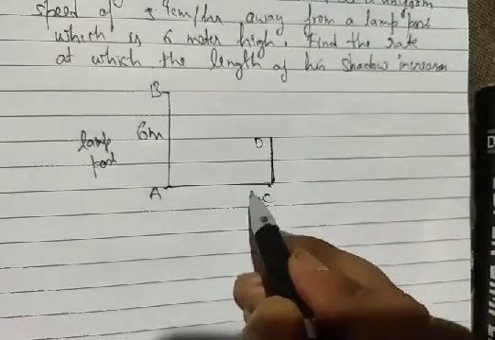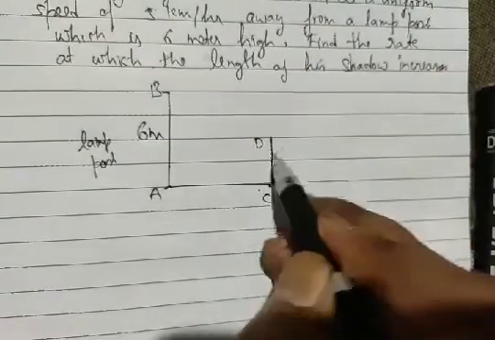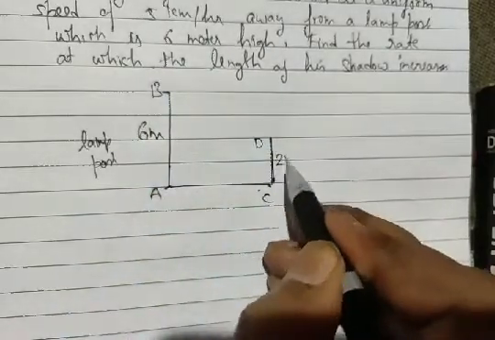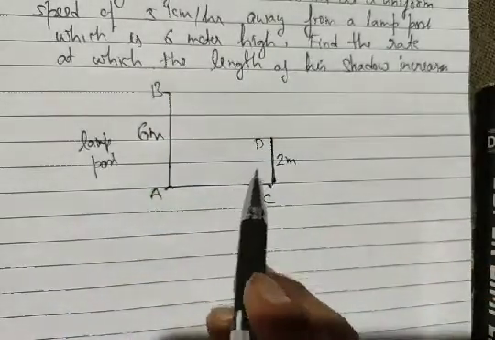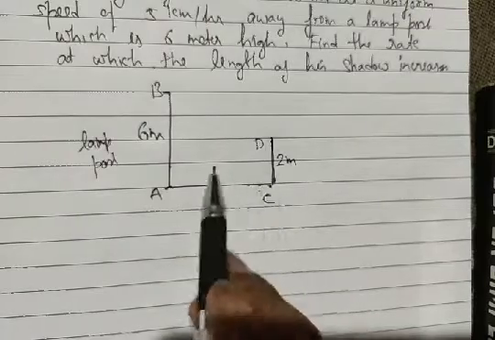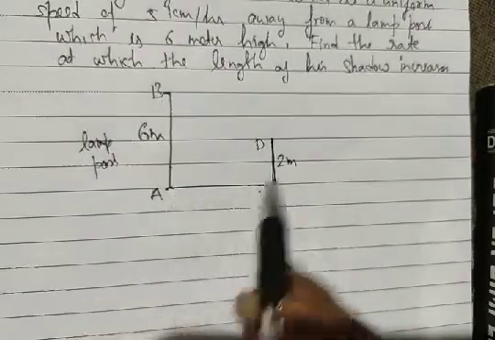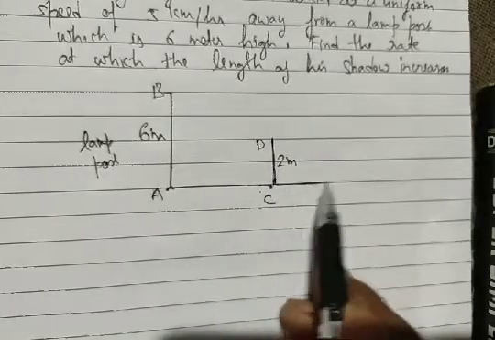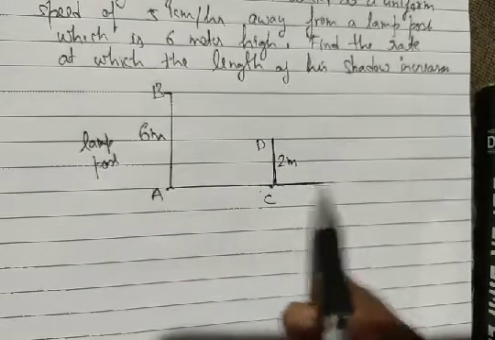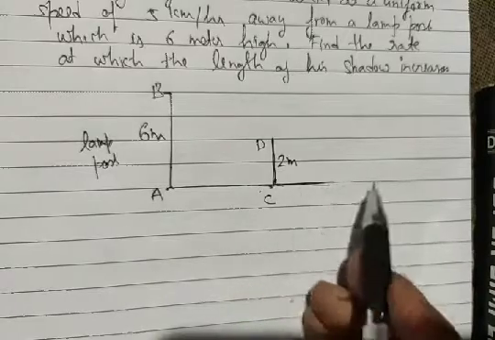Suppose our man is standing at the point C, with CD as his height, which is 2 meters. This is the lamppost, this is our man, and let's suppose he forms a shadow like this.